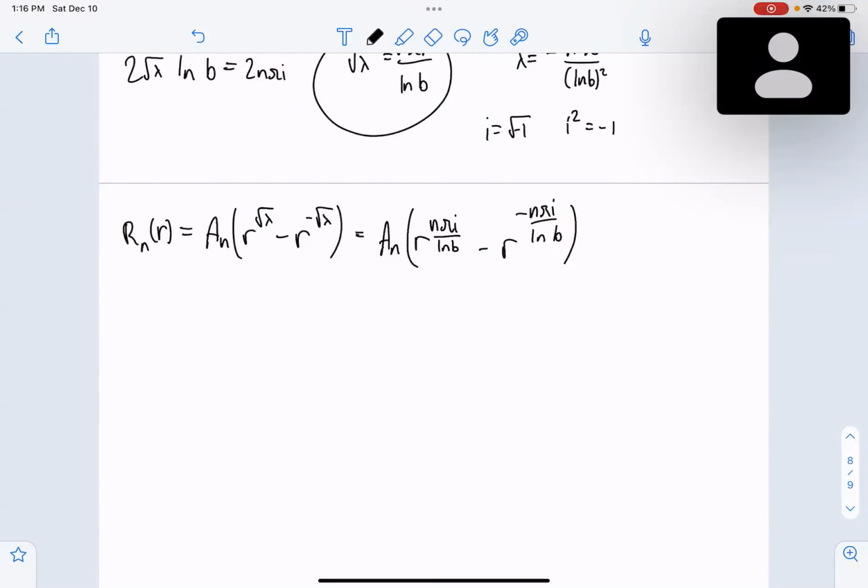So yeah, now to further simplify this, we're actually going to use the exponentials again here. We're going to just raise everything to the exponential: e to the ln r of n pi i over ln b minus e to the ln r of negative n pi i over ln b.